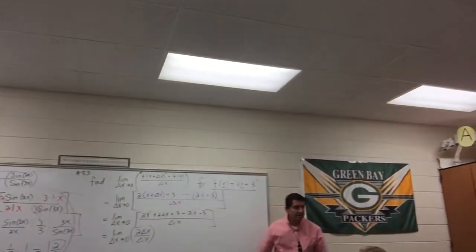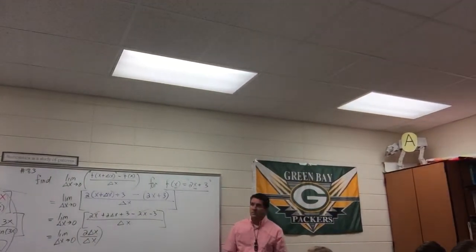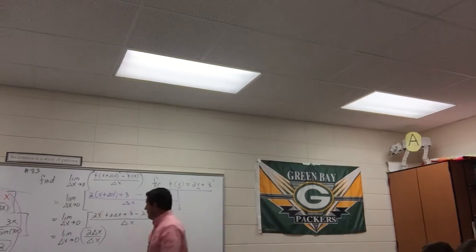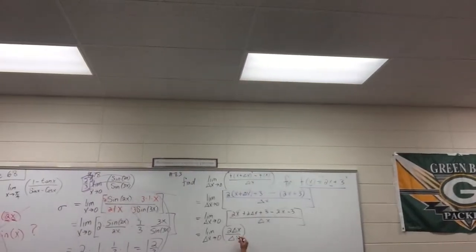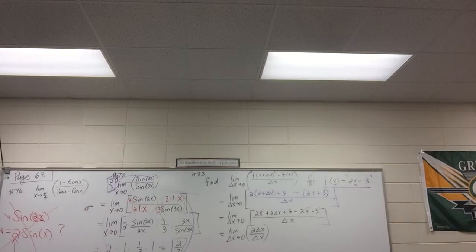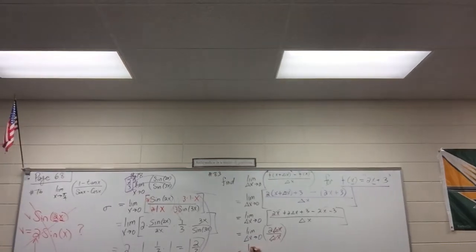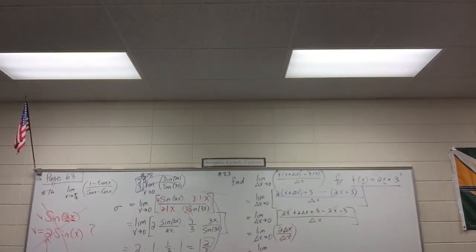Can I plug the delta x in? No, I get 0 over 0, which we know as indeterminate form. But delta x over delta x, hey, that's 1. So the limit here is as delta x approaches 0 of 2. That's all we have to figure out.